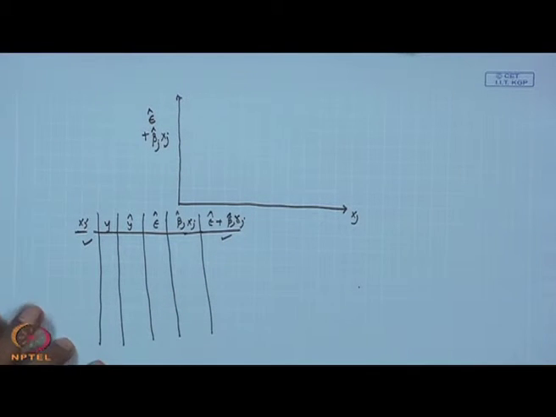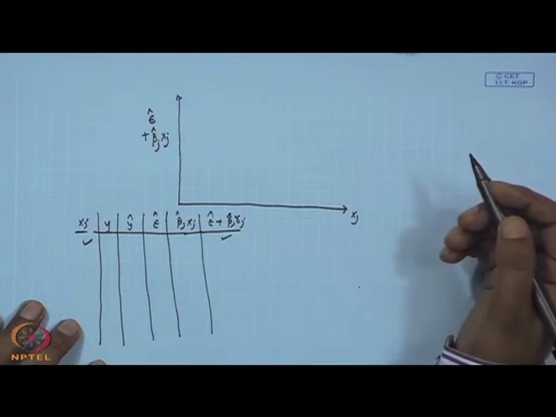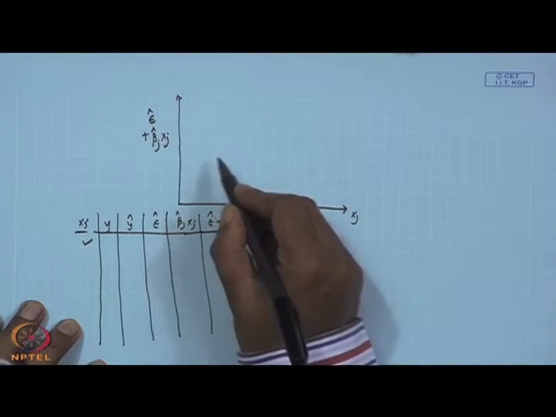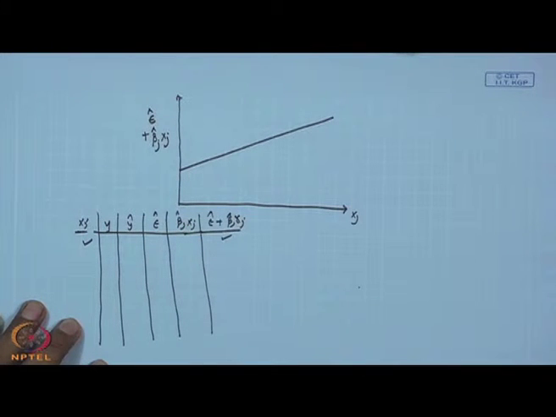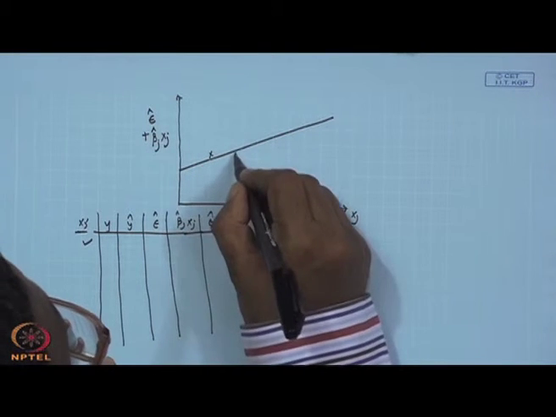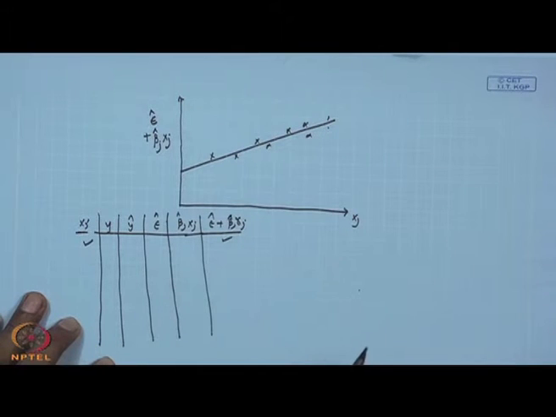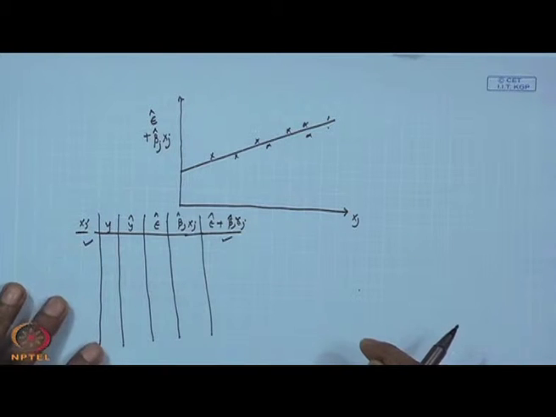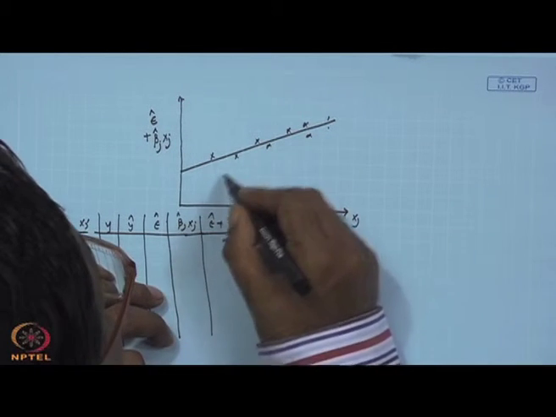When you plot, when there is no departure from linearity, you will be getting a straight line, for example like this, and your data will be hovering around this straight line. If there is departure from linearity, then what will happen?